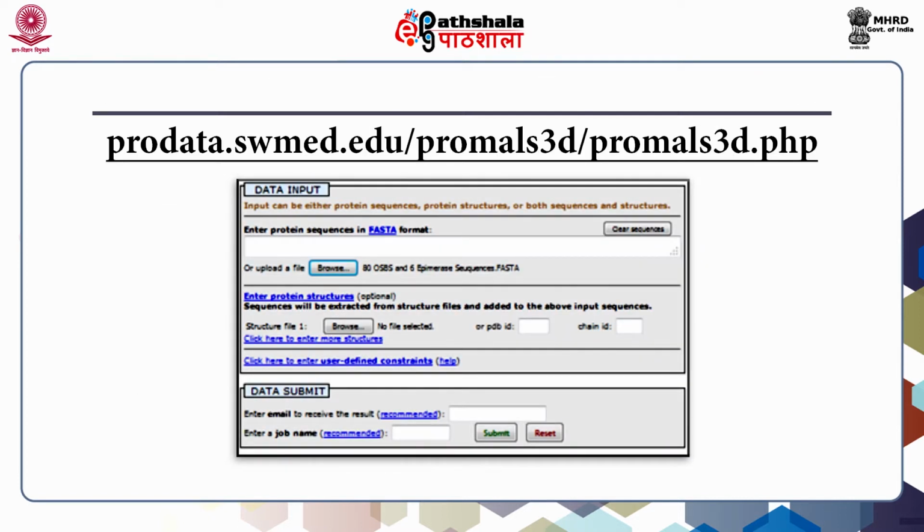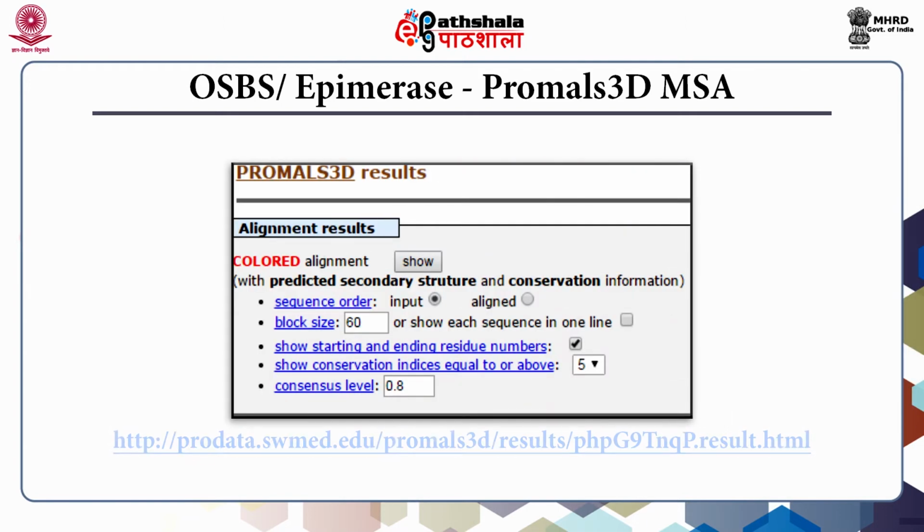Upload this saved file at PROMALS3D and submit for multiple sequence alignment. In the ensuing PROMALS3D results, show the color alignment with the sequence order in the input form, with a block size of 60 and consensus level at 0.8.